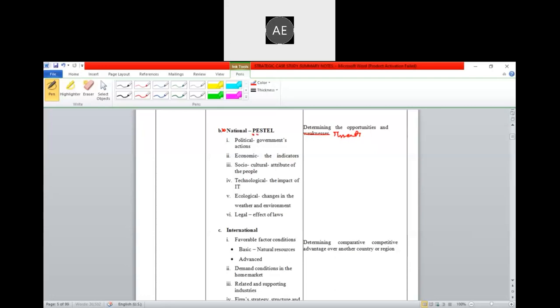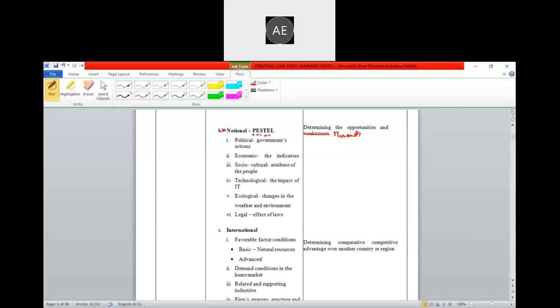The E stands for economic environment, and within the economic environment, that's where we have the economic factors. Okay, and then the S stands for the sociocultural environment, which brings out the sociocultural factors. Then we have the technological environment, which will also bring out the technological factors.